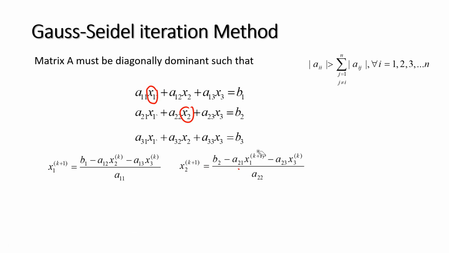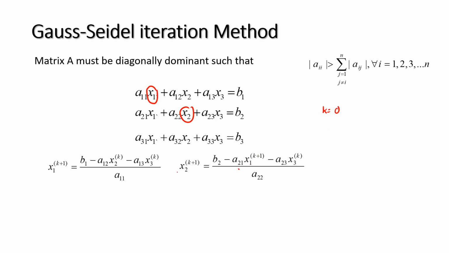And then why is it k plus 1 here? This is k. Just now, k equals 0, initially we start with k equal to 0. So x3 takes the initial value, and for x1, because you obtained the new x1 already, it is x1 at k plus 1, so this is x1 number 1.